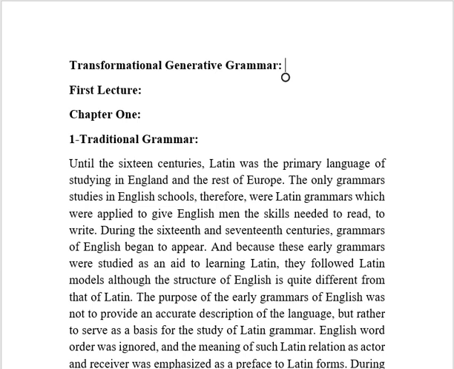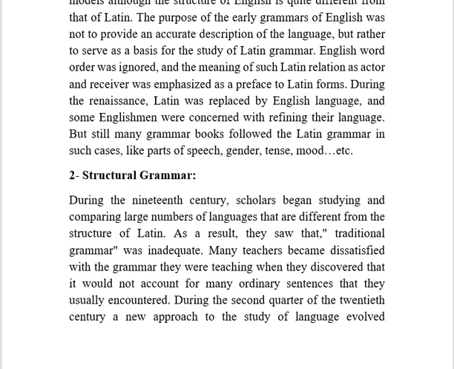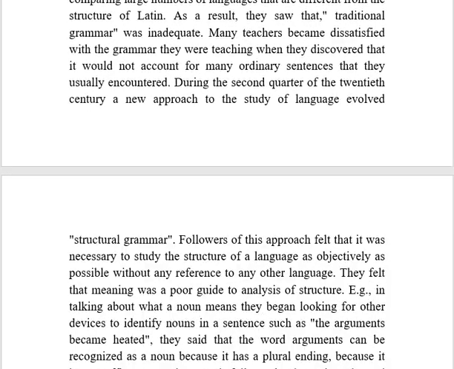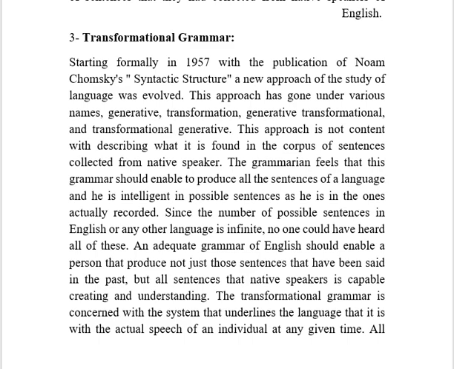And we spoke in the first lecture in chapter 1 about three schools of grammar: traditional grammar, structural grammar, and transformational generative grammar, which is in our textbook, as I said, and we will focus on it.